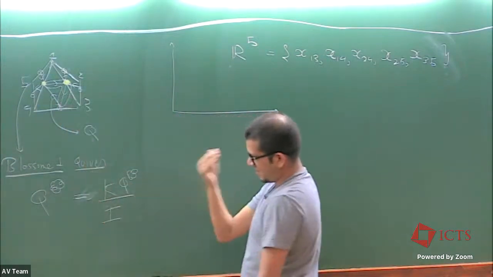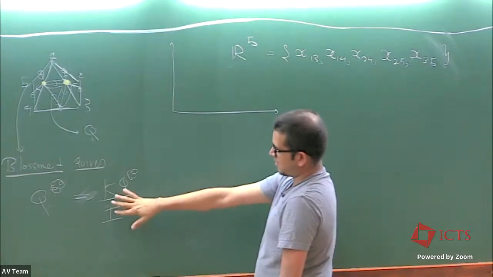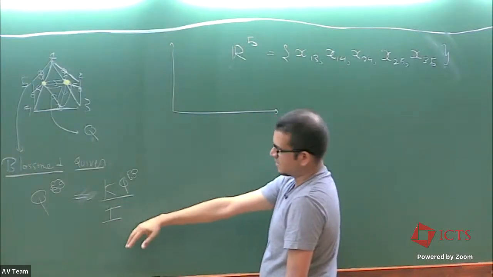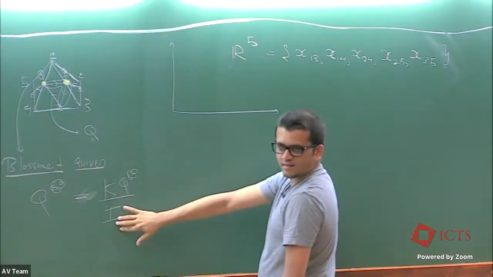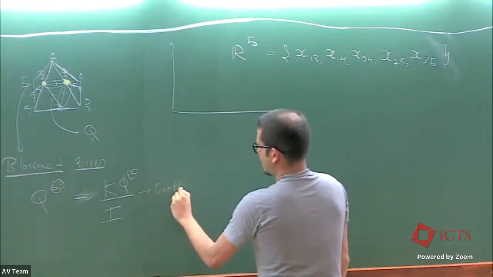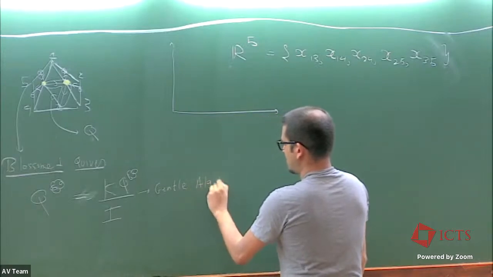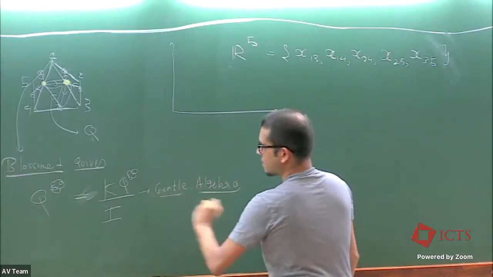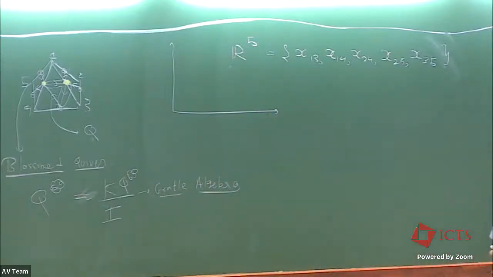Of course there is a detailed theorem that this gives you a nice algebra, and this is what is called a gentle algebra. Here you use the entire quiver, including the frozen vertices. Yeah, you use the entire thing.